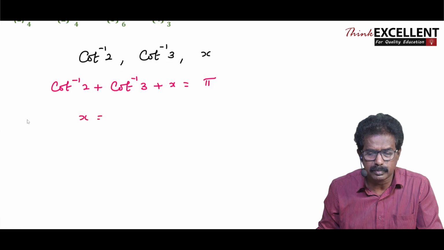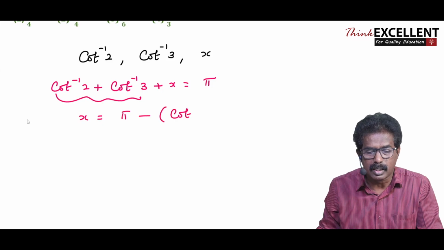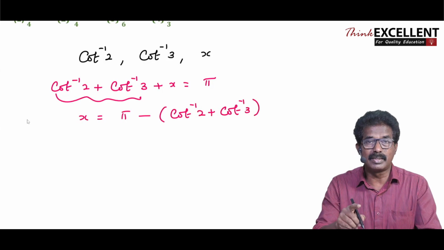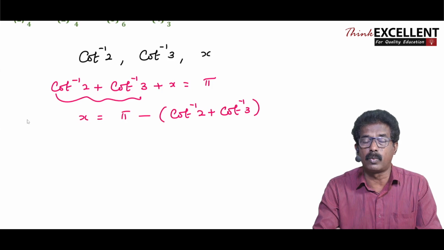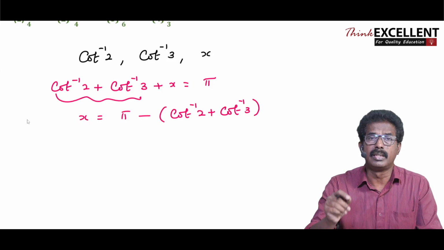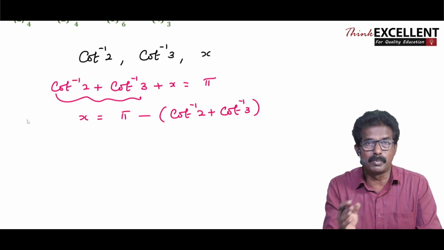x is equal to pi, taking these two to the right side, minus of cot inverse 2 plus cot inverse 3. We have the formula for tan inverse x plus tan inverse y, right? That is tan inverse of x plus y by 1 minus xy. So the cot inverse, we convert it into tan inverse by taking the reciprocal of both.